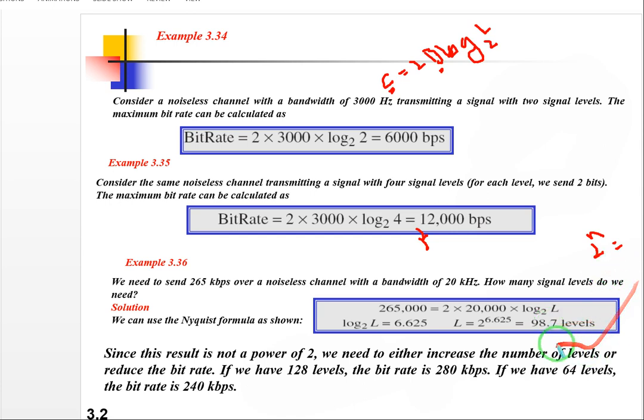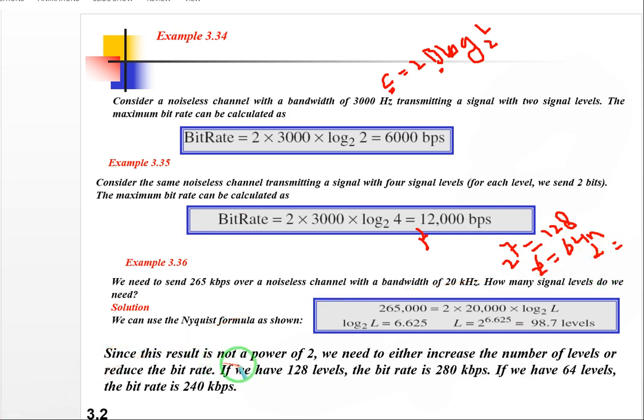So we can increase or reduce it, depending on the condition. It can be 128 or it can be 64 levels, because we always need the 2 raised to power n form.